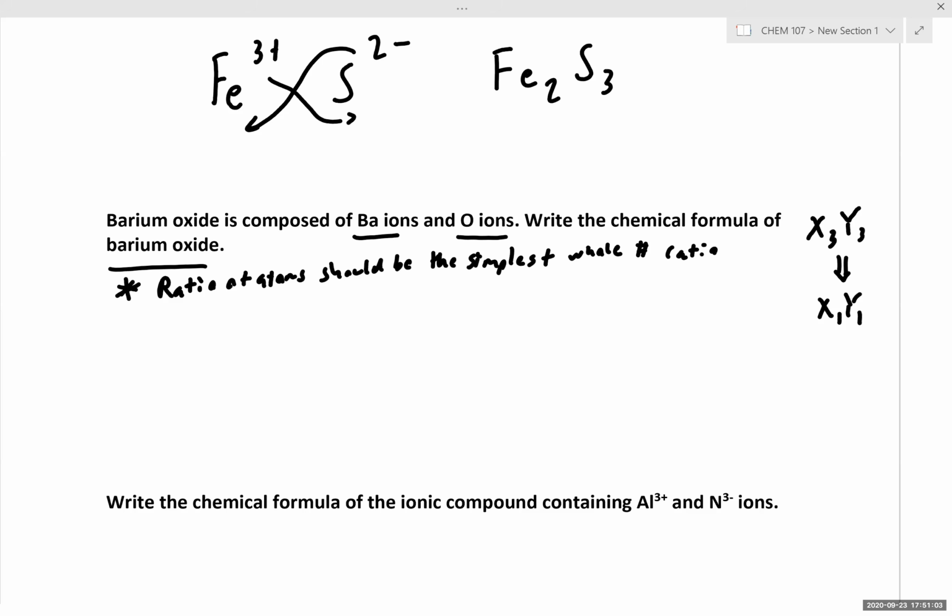So let's work on this example. Let's give everyone about 2 to 3 minutes to write the proposed formula for barium oxide after figuring out the charge, and then we'll discuss this example in about another 2 to 3 minutes.